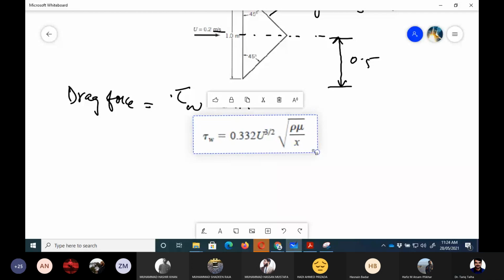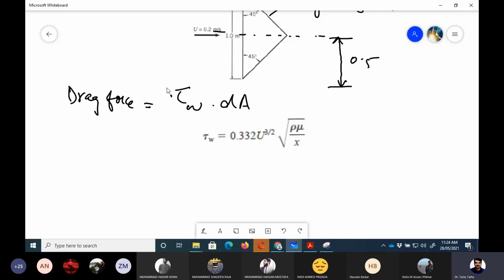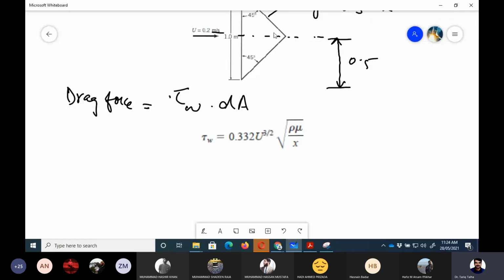So now we need to integrate it because area is different at this point and it is varying along y. That's why we need to do the integration.